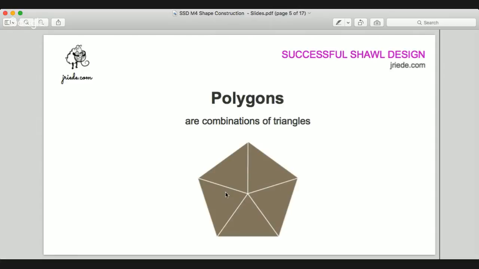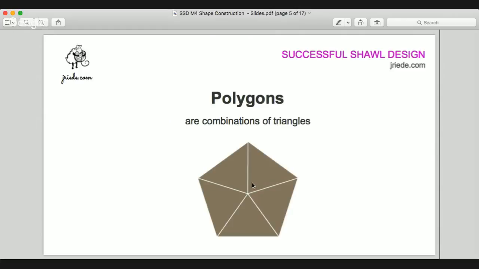And the sum of all these angles has to be 360 degrees to form a proper polygon. So in this case, you have a polygon consisting of 5 segments. So you would, in this case, divide 360 by 5 to find out which angle you have to use here.